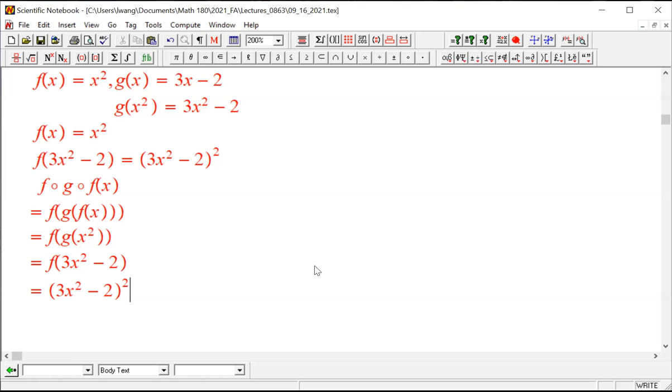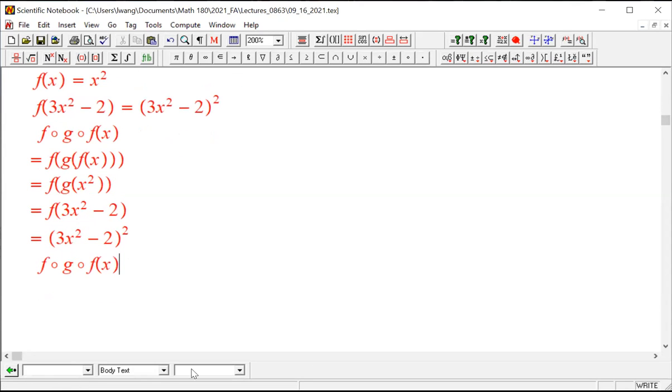If you look at the flow for that composition, your x will be the input for f of x.